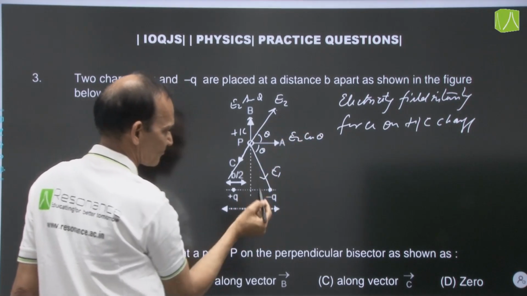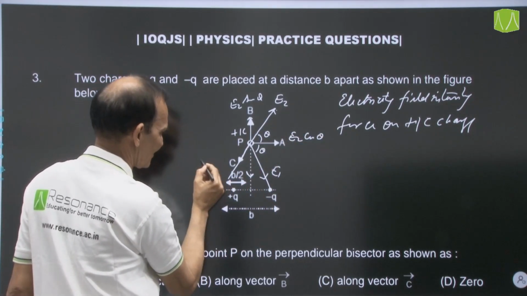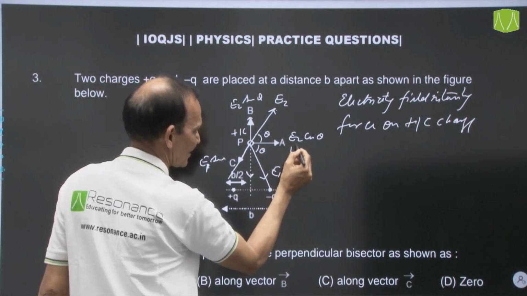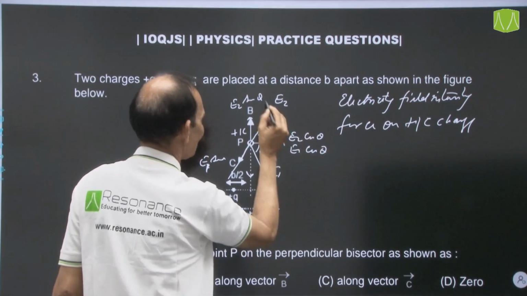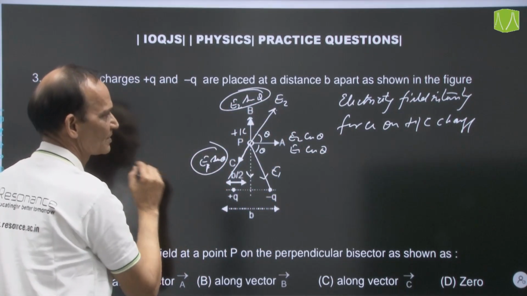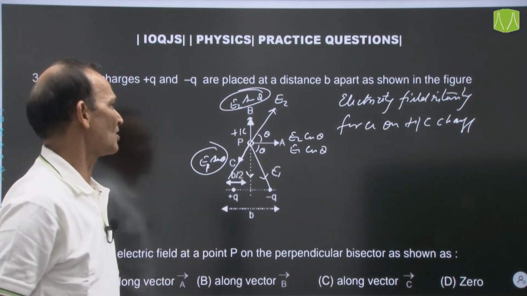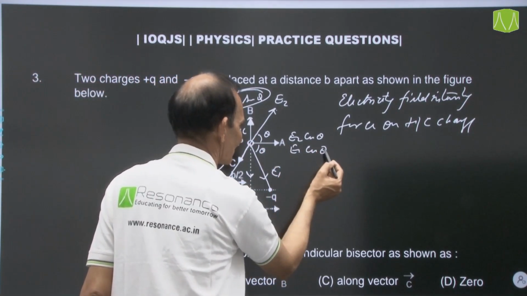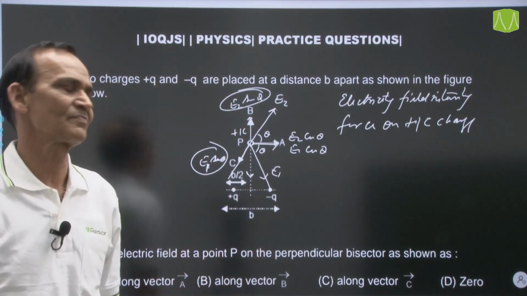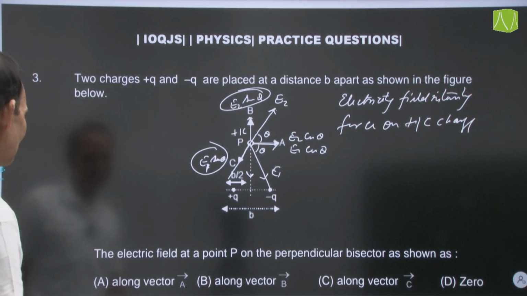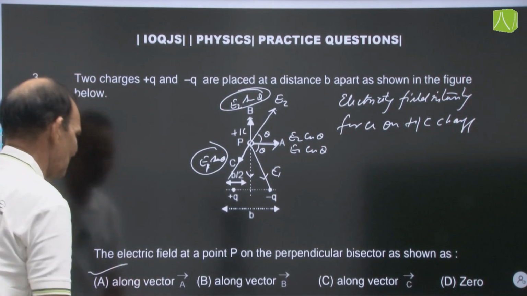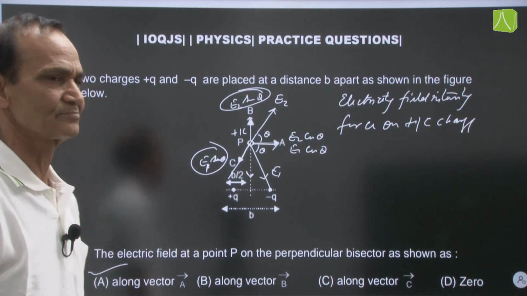Again, break E1 into E1 sin theta and E1 cos theta. The sin theta components will neutralize each other. The resultant force is E2 cos theta plus E1 cos theta, means in this direction, from P to A. So the correct answer is along vector A. That is the correct answer, A.